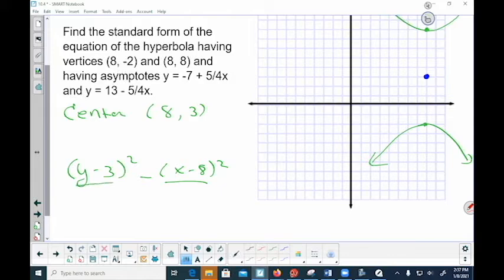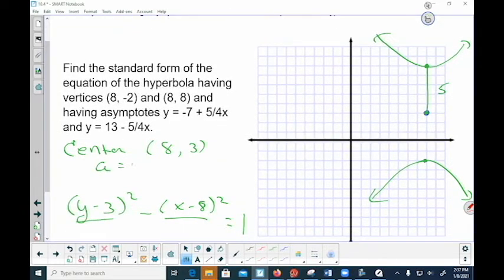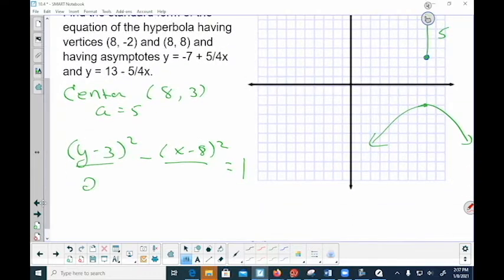So I have that much, and it's always equal to 1. I know that the distance between my center and my vertex is 1, 2, 3, 4, 5 units. So I know that my a is 5, so I know I'm going to put 25 here. So that's what I know just based on the vertices being at 8, -2 and 8, 8.